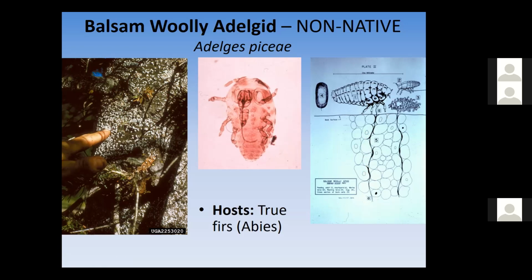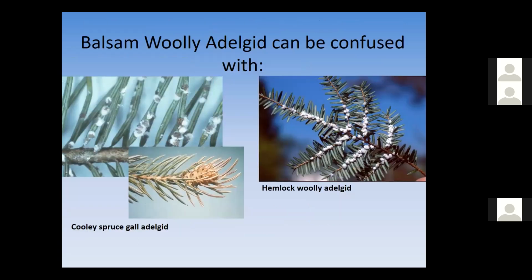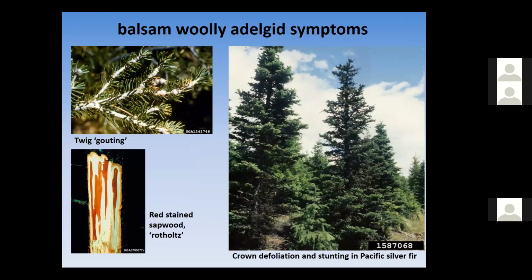You wouldn't think they'd do much damage, but if there's enough of them and they inject essentially a toxic saliva into the tree, and our native fir trees are not adapted to defend against this because it's from Europe, and in Europe the firs that grow there can deal with it, but ours cannot.